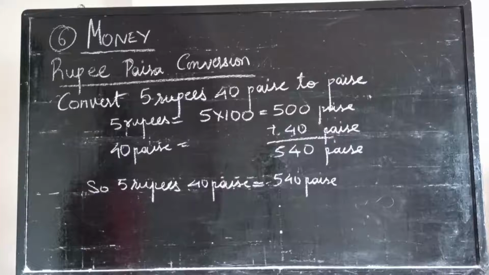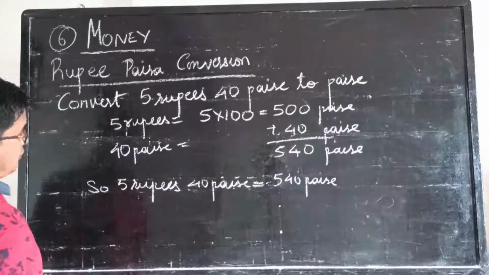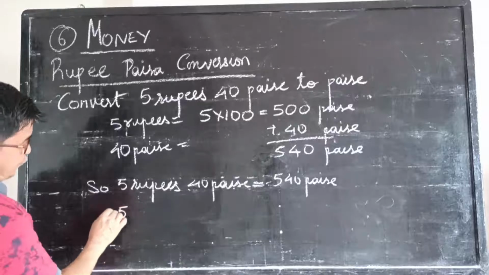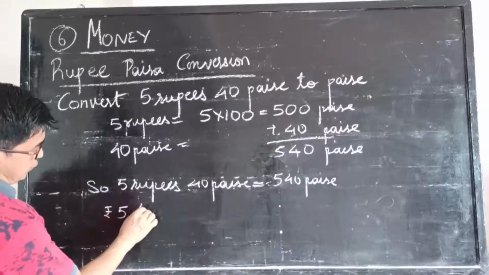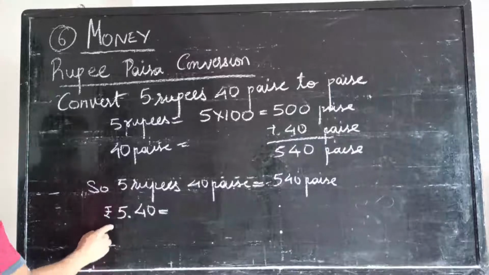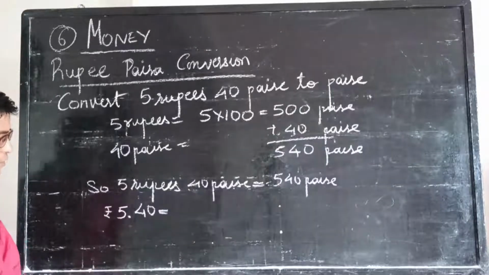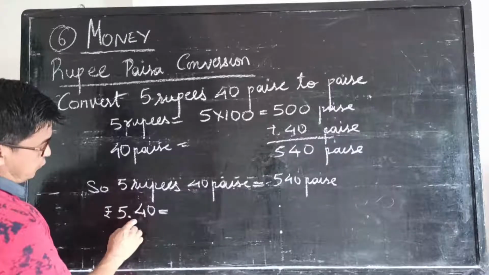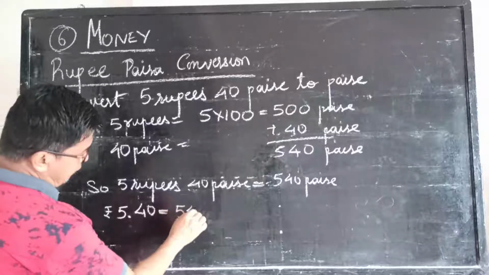Shorter method. Now we write here 5 rupees 40 paise like this. To convert into paise, you just remove this dot. Don't write the dot, and you get 540 paise.